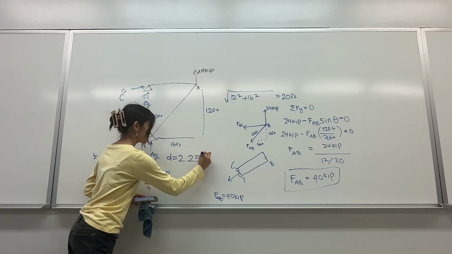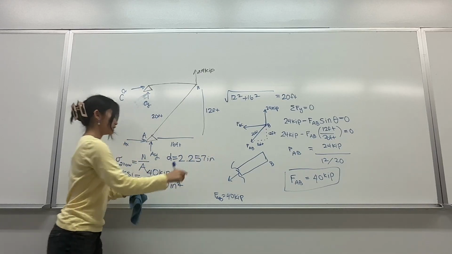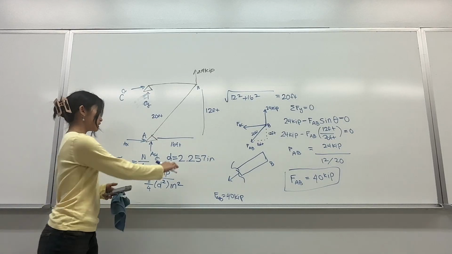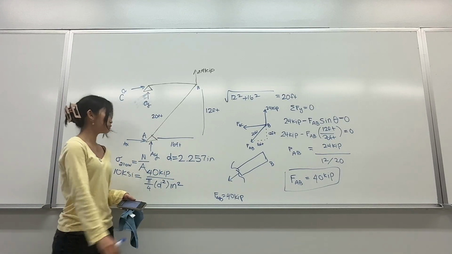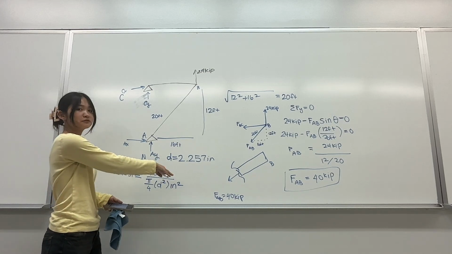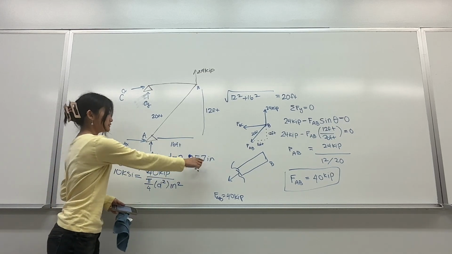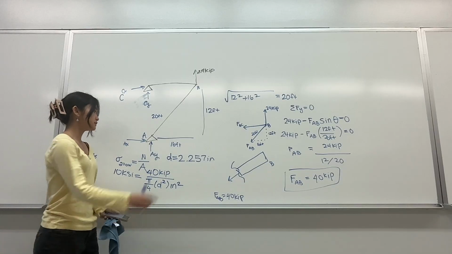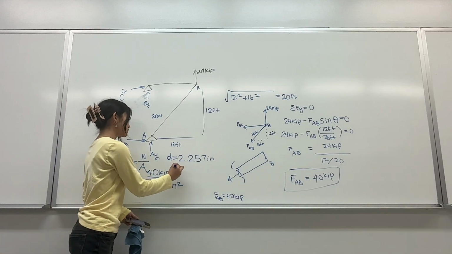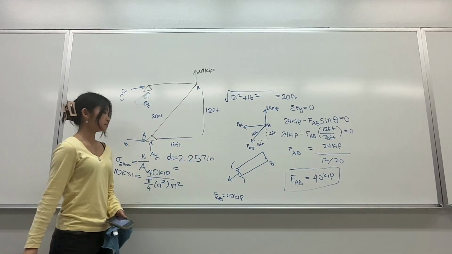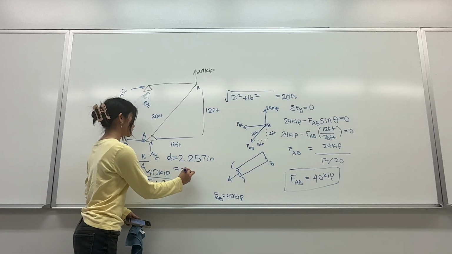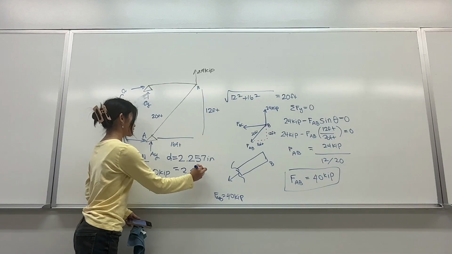When we solve for D, we get D is equal to 2.257 inches. But it says to round to the nearest 1/4 inch. Technically the nearest 1/4 inch is 2.250, but we can't go down, so we have to round up. Our real answer, rounding to the nearest 1/4 inch, would be 2.50 inches.